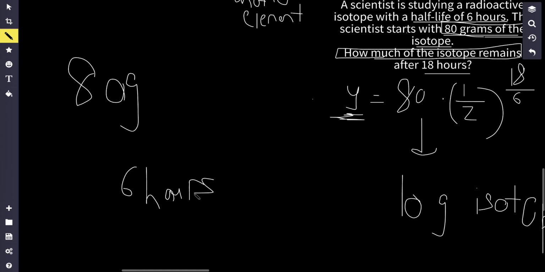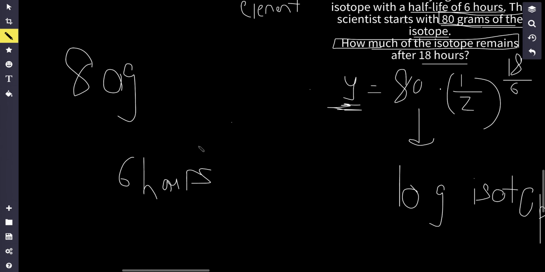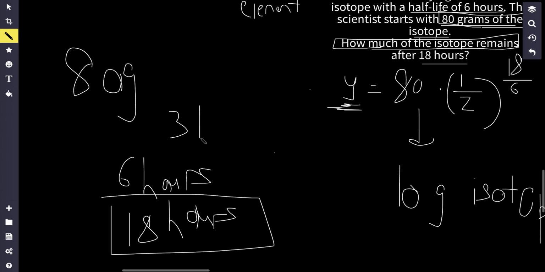We want to find out how much of the isotope remains after 18 hours. Notice how 6 times 3 gives us 18, meaning that in 18 hours, there are going to be 3 half-lives. Because if each half-life is 6 hours, then 3 half-lives must be 18 hours.